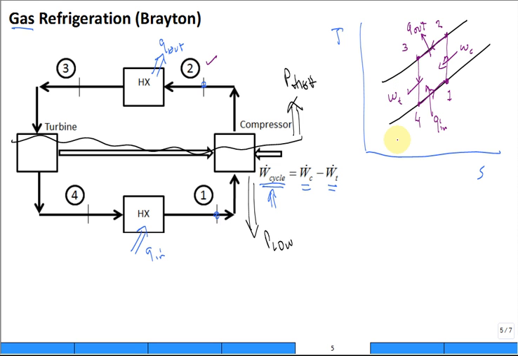If you have some irreversibilities in the compressor, it kicks it over and the temperature at 2 is higher, and it kicks over the temperature at 4 so it is higher than if it was isentropic. You can see it's a challenge to air condition something, because if you look at this temperature of 1, if you're trying to cool something, you want this Q in just in a heat exchanger, right?